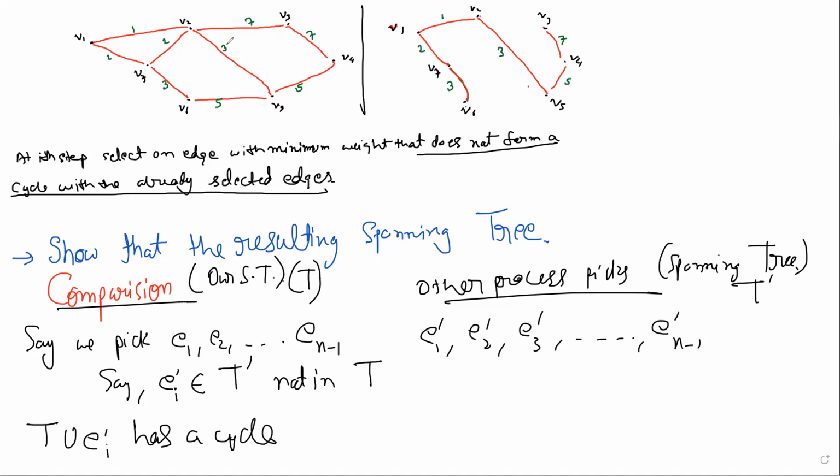Let me also draw it. Let's say this is L and this is M, and here we have ei prime.